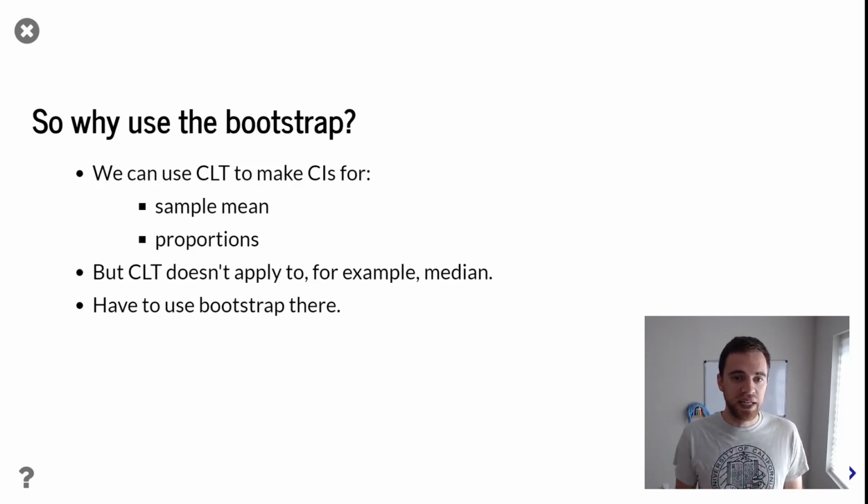It's not about the median, it's about the sample mean. It's about proportions. So if I'm trying to figure out how different the median could have been, I'm going to go back and use the bootstrap. The bootstrap applies there to almost any sort of statistic except for things like the maximum and the minimum. The bootstrap is very general. But in the specific case that I'm working with the sample mean, I'm going to use the central limit theorem. It's just easier and faster.